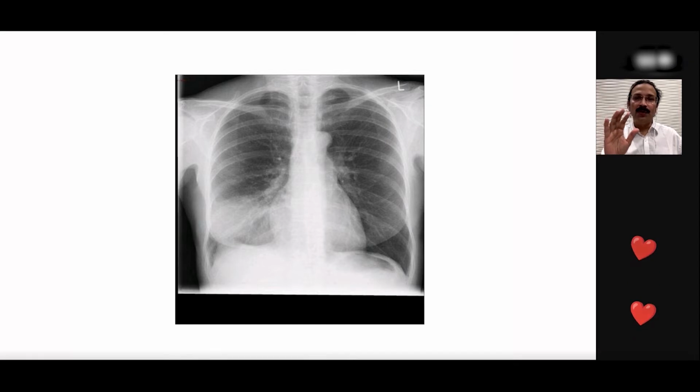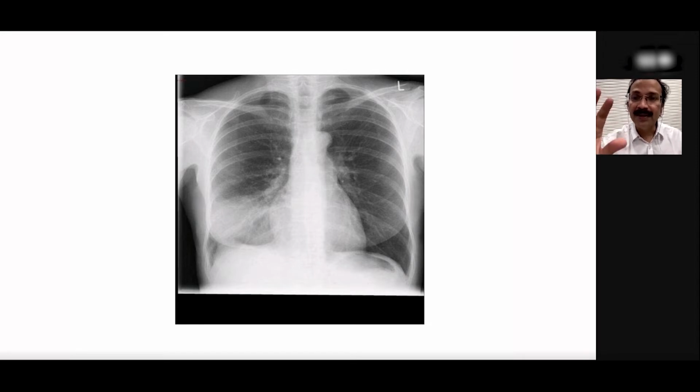So this is a very simple understanding of what we mean when we tell a patient, I feel your X-ray is suggestive of pneumonia, or you read a radiologist's comment saying the X-ray is suggestive of a right lower zone pneumonia.